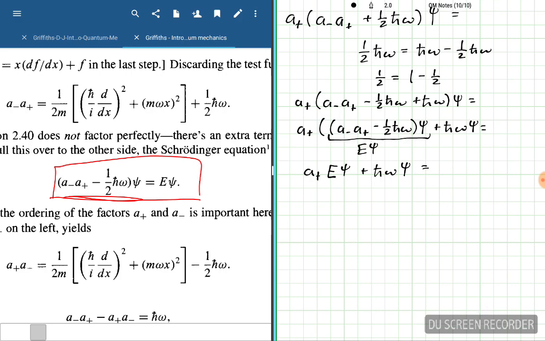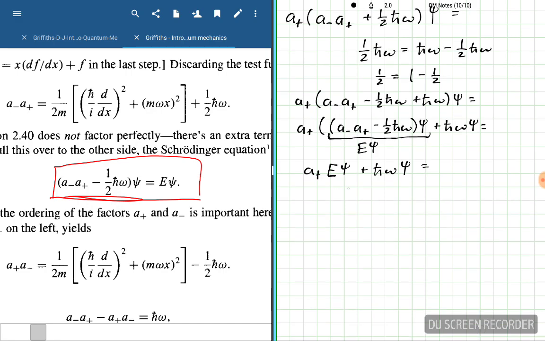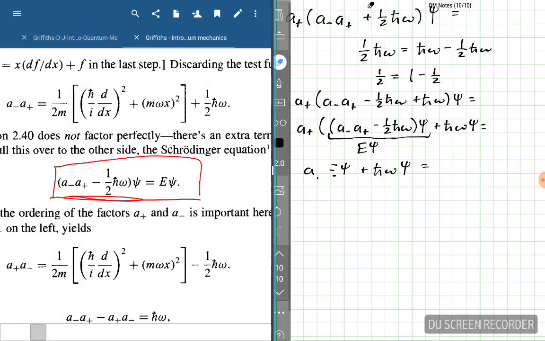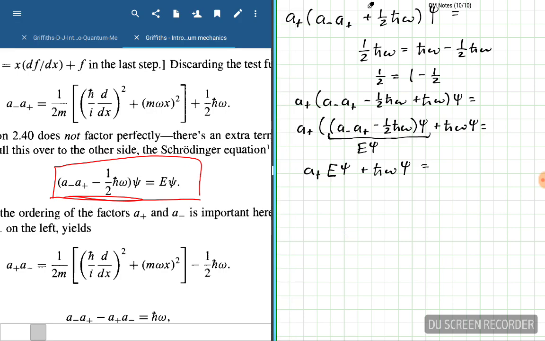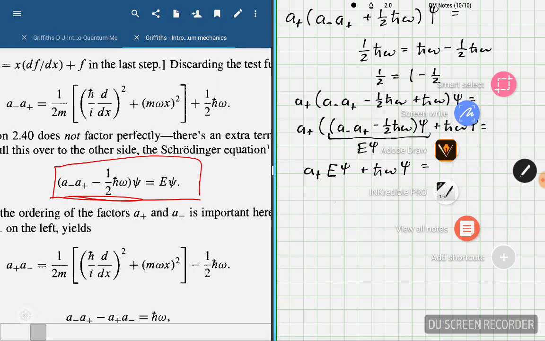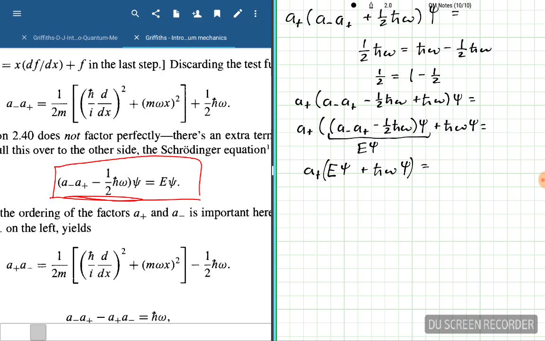My energy is a number, not a function. So I can rearrange this to say I have, oops, and then here, I forgot to distribute out my, actually we'll just put parentheses in. There we go.